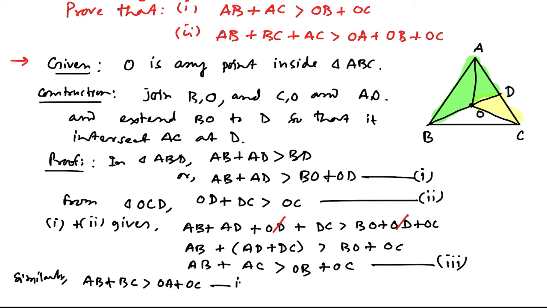This is number 4, and AC plus BC is greater than OA plus OB, this is number 5.